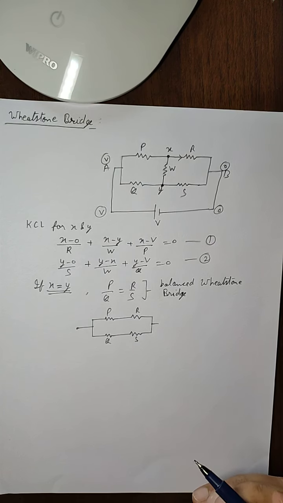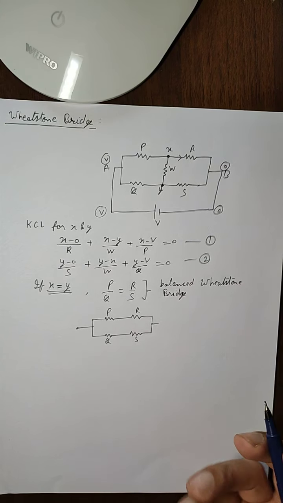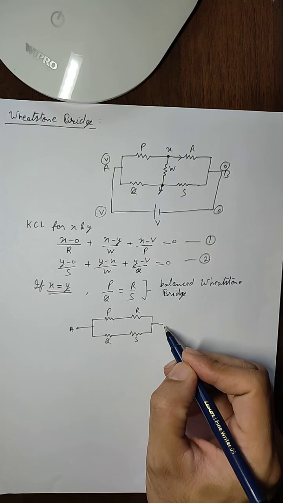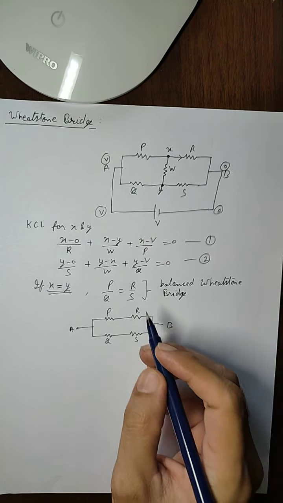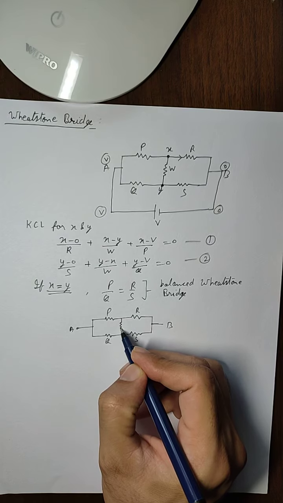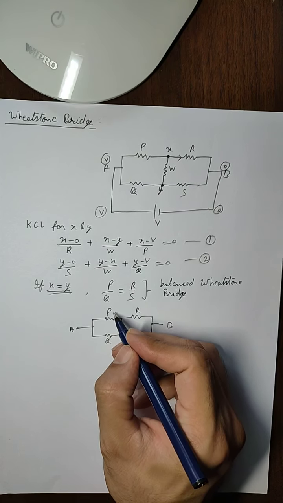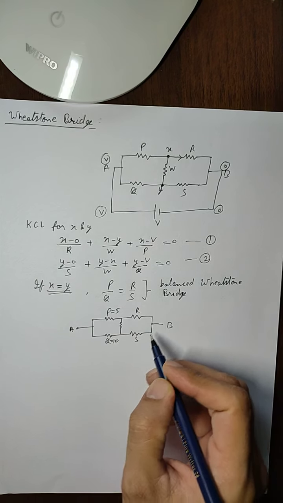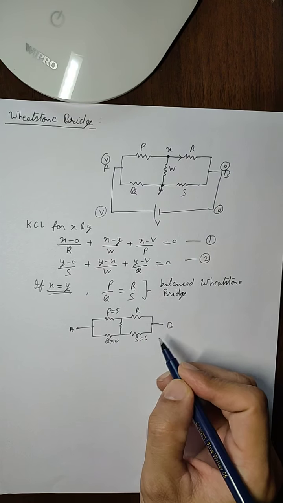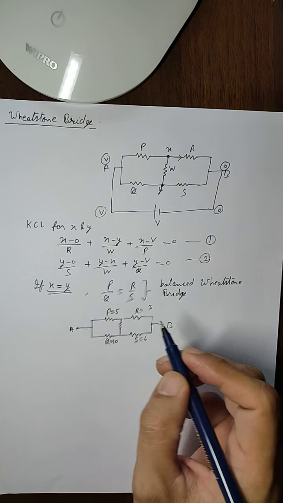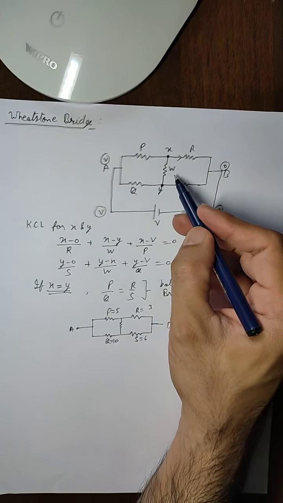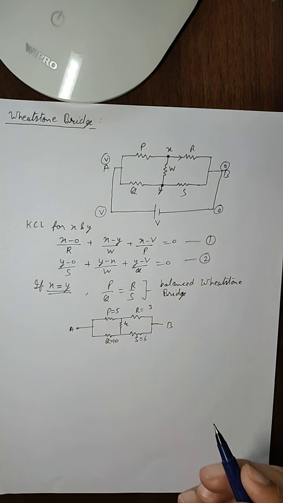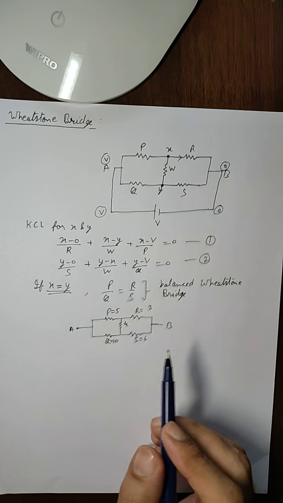And now we can find out the equivalent resistance, and we can also find out the total current flowing through the bridge. Let us do this in the form of an example. Say we have a circuit between terminals A and B, and the value of P is 5 ohms, value of Q is 10 ohms, value of S is 6 ohms, value of R is 3 ohms, and the value of the middle branch resistor W is 4 ohms.